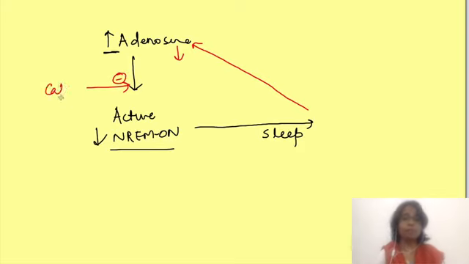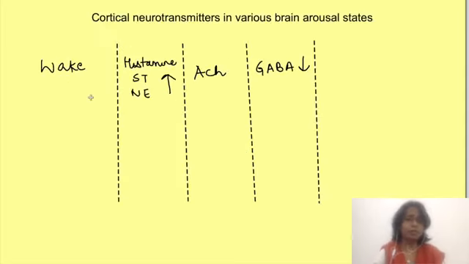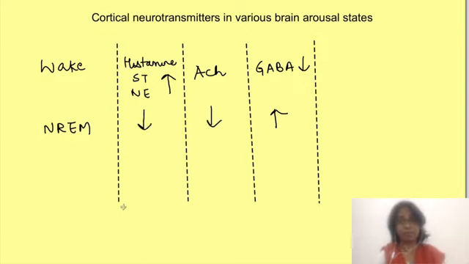Well, the caffeine blocks the adenosine receptors and prevents adenosine from acting, and hence prevents induction of sleep. Anyways, now can you tell what will be the cortical concentration of neurotransmitters in NREM sleep? Well, cortical GABA levels will be high because we are seeing NREM neurons release GABA. But other neurotransmitters, that is norepinephrine, serotonin, histamine and acetylcholine, will be low.